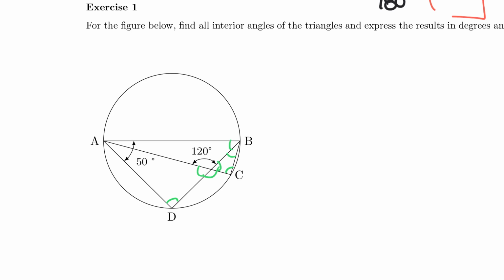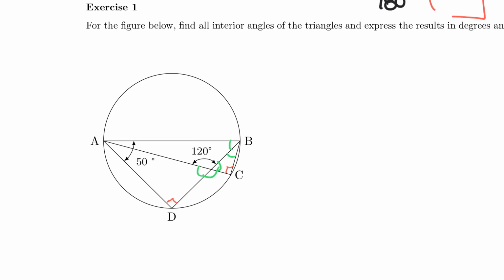It will be C, right? Because C is formed by a line going to B and a line going to A. And D, because this D is formed by a line going to B and a line going to A. So with this theory, we already know two of these angles. We know that angle C is 90 degrees and angle D is 90 degrees.